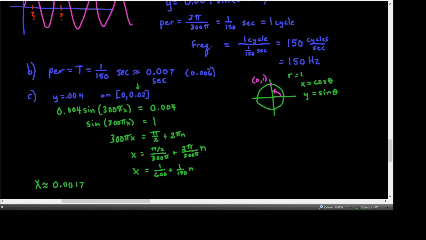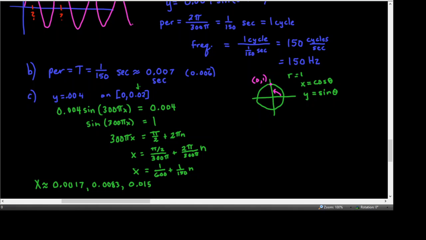Okay? Then add 1 over 150 to get the next answer, which is 0.0083. It's actually 3 repeating. And then do that again, 0.015. Do that again, and that's 0.021 something or other. That's too big.